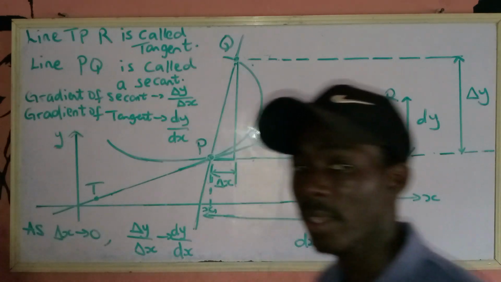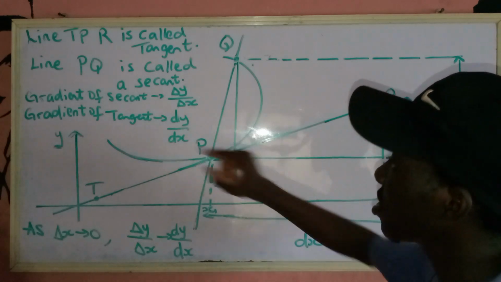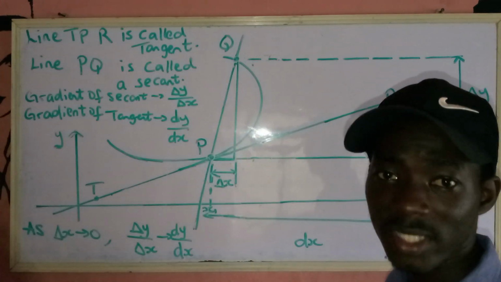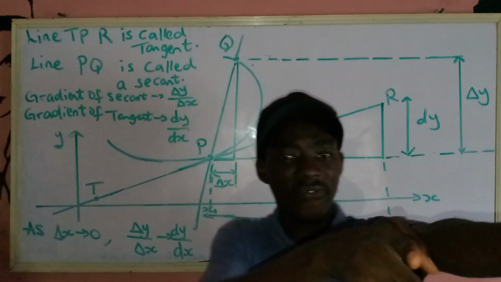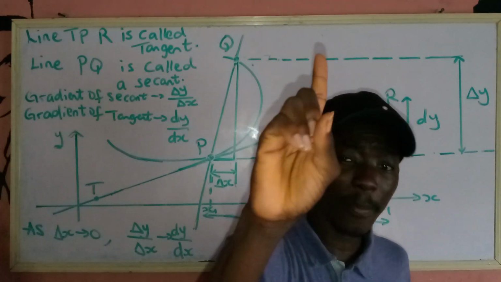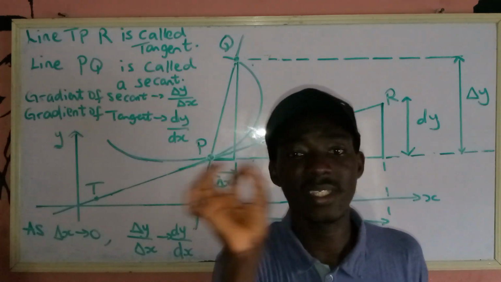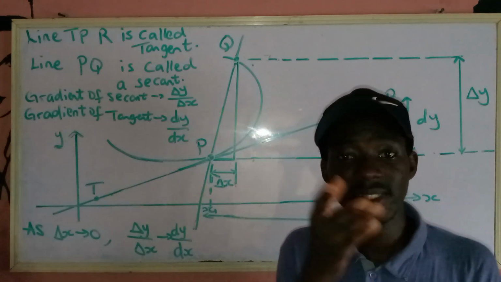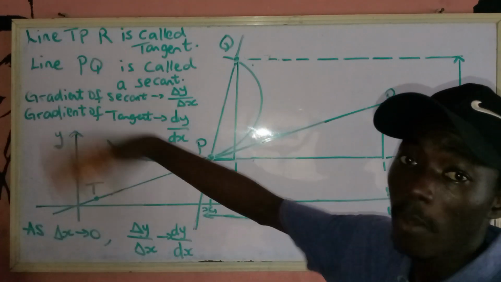That is one definition. The next definition that is important in this differentiation is what a tangent is. A tangent is a line that touches a curve at a particular point, just 1 point. That is what a tangent is, while a secant can touch a curve at any number of points.